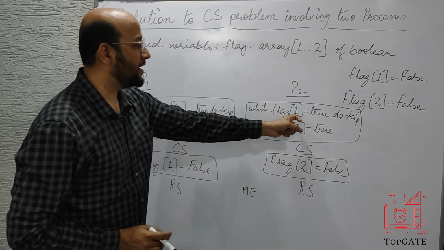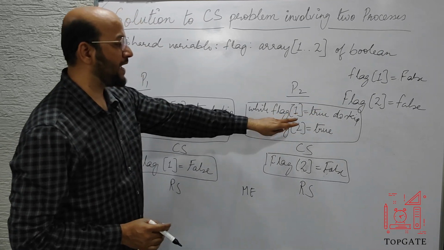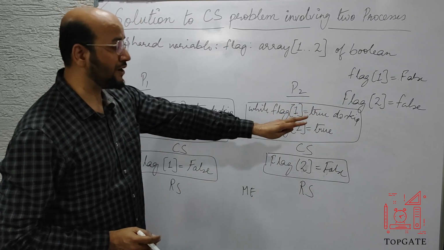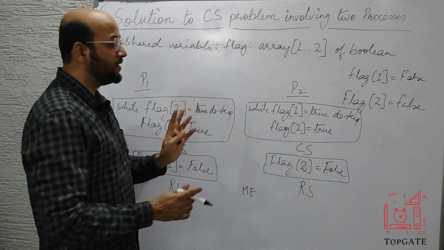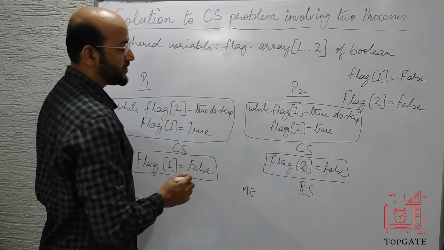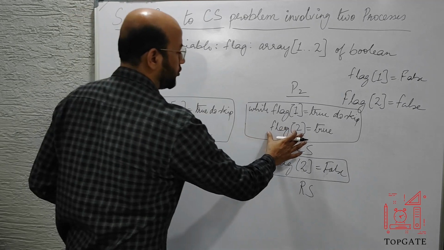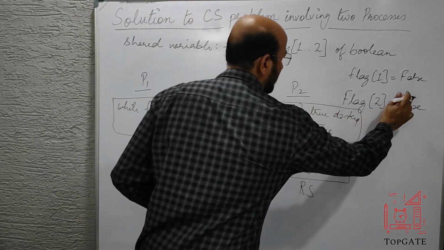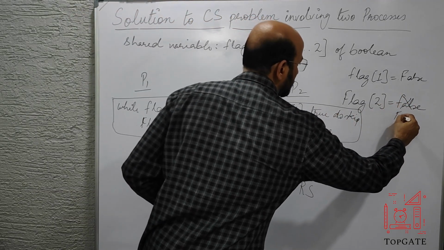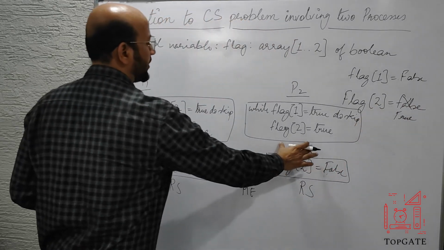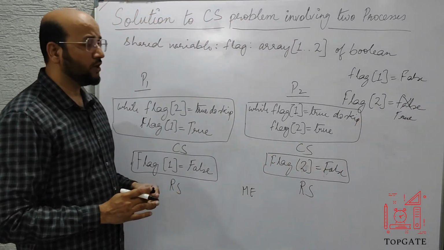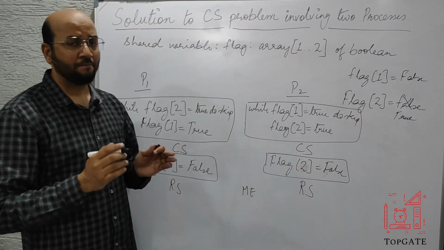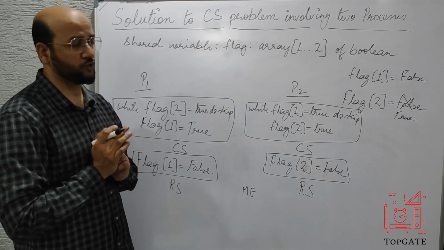Because while flag 1 is equal to true, do skip, and the value of flag 1 is not true. Therefore, it will stop skipping and it will execute this second instruction, and it will do flag 2 is equal to true. Therefore, this false will be changed to true, and it will continue to execute in the critical section. So in this scenario, we can see that mutual exclusion is satisfied.